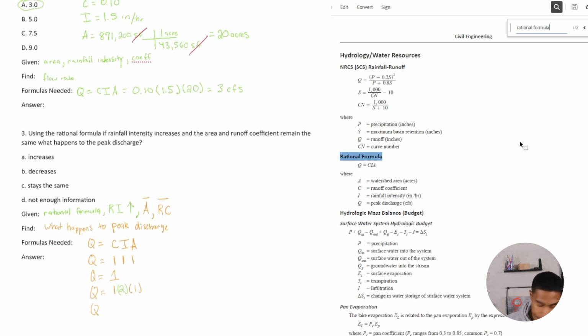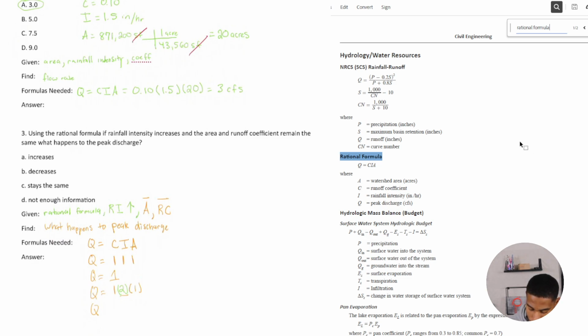If you missed what I said, I'm saying that my C, or my runoff coefficient, remains the same at 1. My rainfall intensity now increases to 2, and I've marked that in green here. And then my area stays the same.